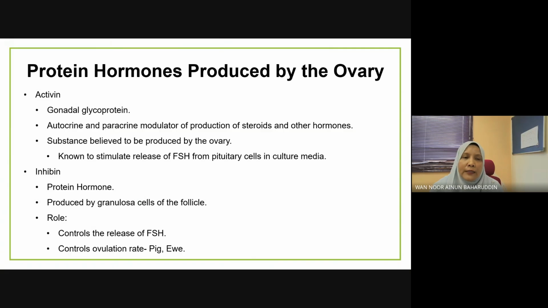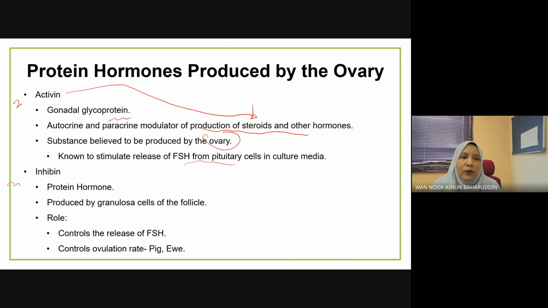Then we do have another type of hormone, second, what we call activin. This is a glycoprotein, instead of a steroid. It is a modulator for the production of steroids and other hormones. So activin is the one that activates production of steroids. It is produced by the ovary, and this one will stimulate release of FSH from pituitary cells in culture media.